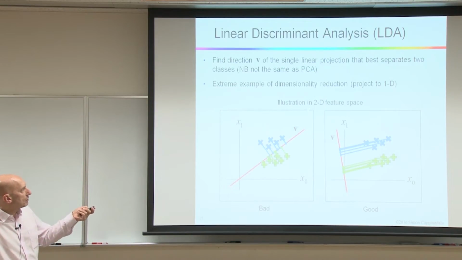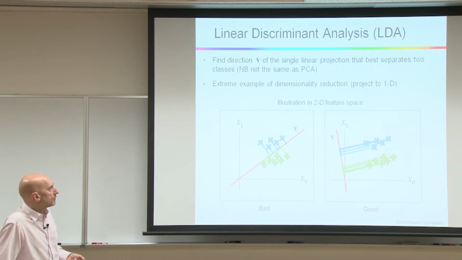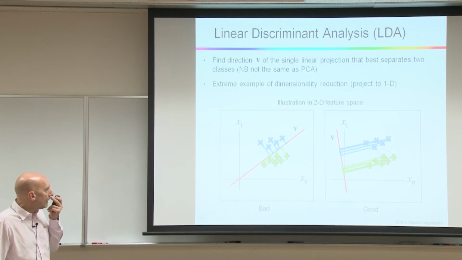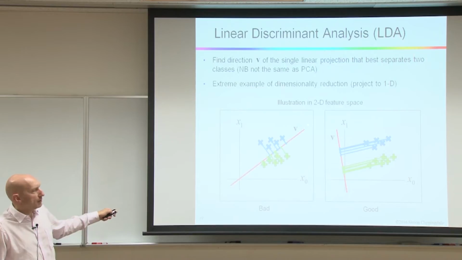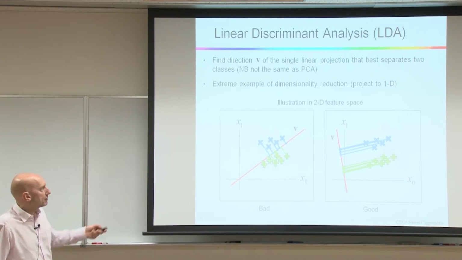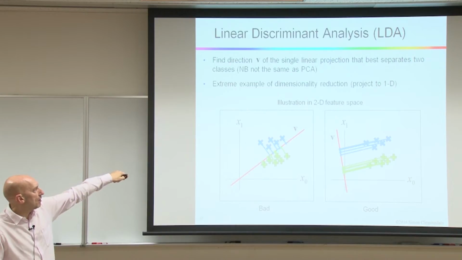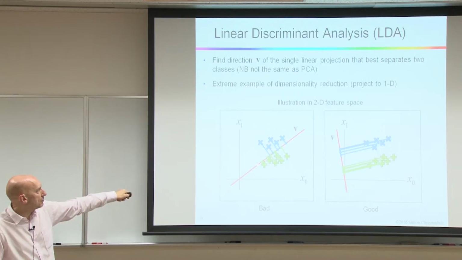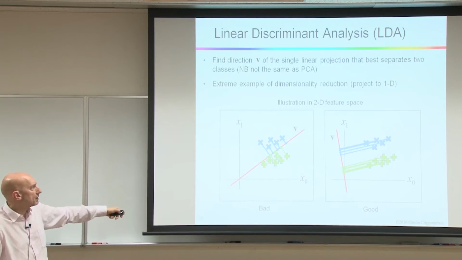So here's a couple of 2-dimensional feature spaces with 2 classes of data plotted in them, 2 classes of feature. And here's one candidate for this direction of linear discriminant, and here's another one. And if you project all your data onto this line, well, in this case, you can see that you end up with your projected data all mixed up.